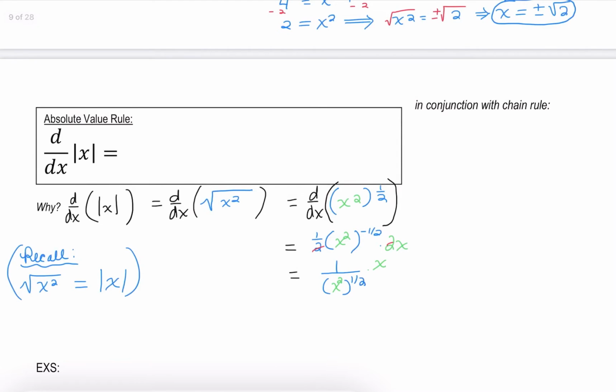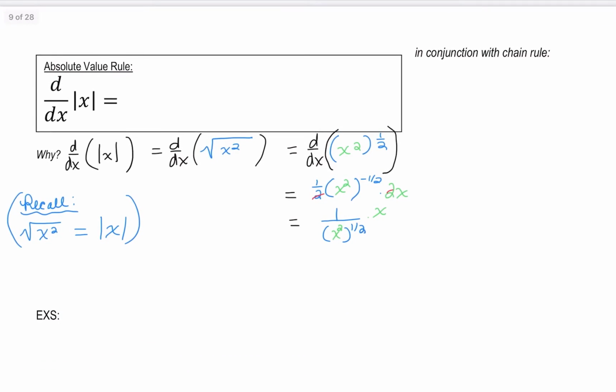And this x squared to the 1/2, that square root of x squared, is our absolute value of x. So if you go back to the original form, that is our absolute value of x, and then times that x in the numerator. So this becomes x divided by the absolute value of x.